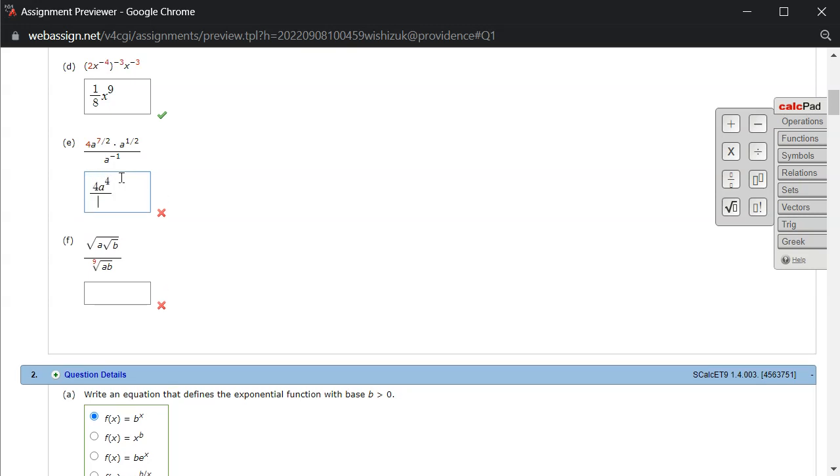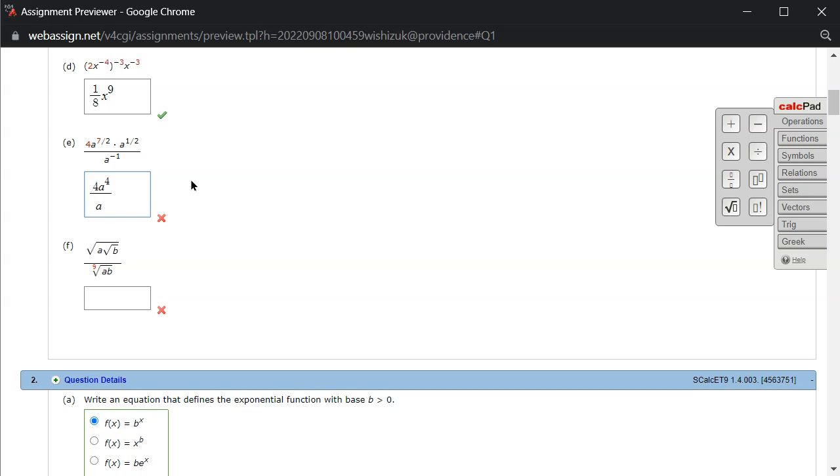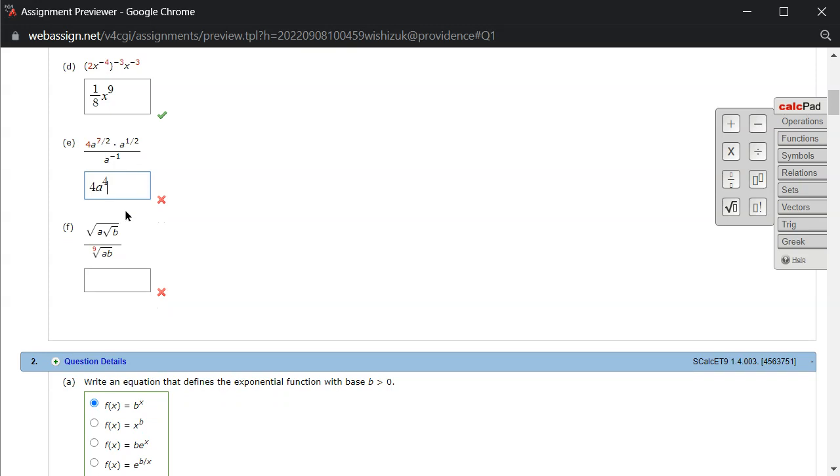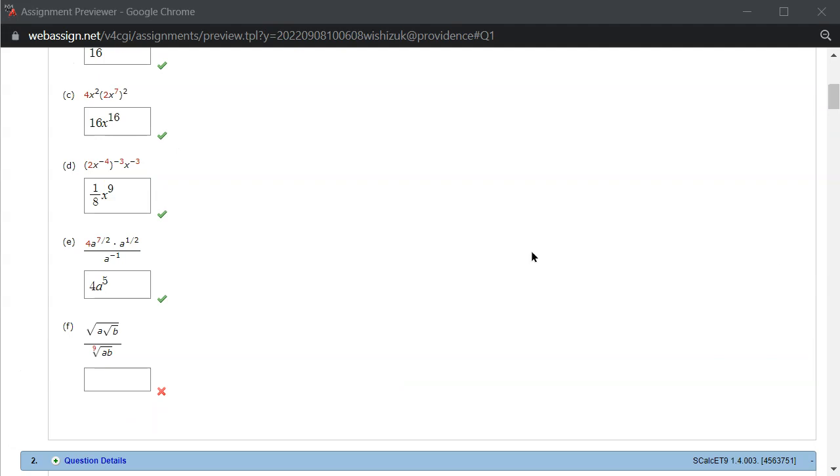Then we divide by a to the -1. Since it's a division, we subtract the powers, so it's 4 minus -1, which is 5. So it's going to be a to the 5th power. I'm going to get rid of the denominator, and this is going to be 5. Let's check the answer. I came back and it looks like we got part E correctly.